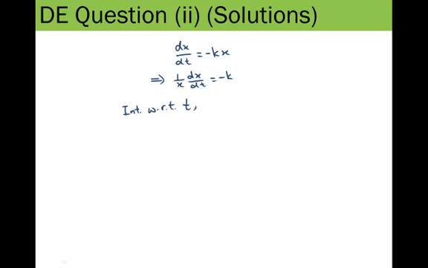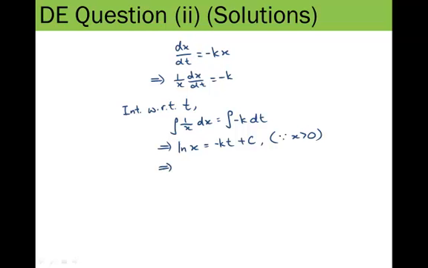And what that gives me is the integral of 1 over x with respect to x is equal to the integral of negative k with respect to time. So this gives me ln x is equal to negative kt plus c. And the reason why we don't have mod x is because x is always positive, since it is the depth of water in the tank.